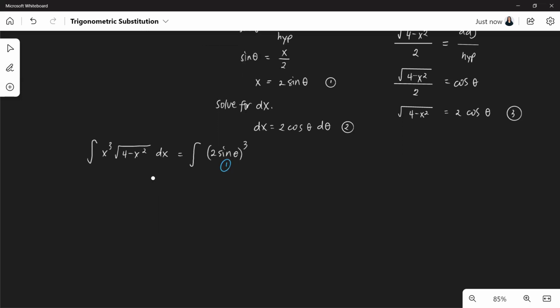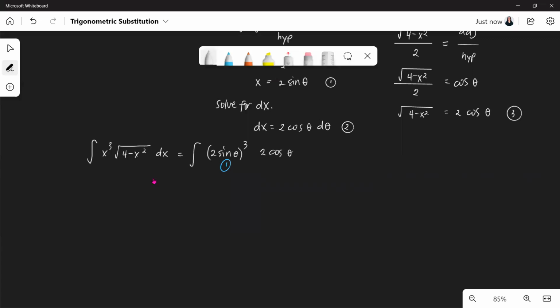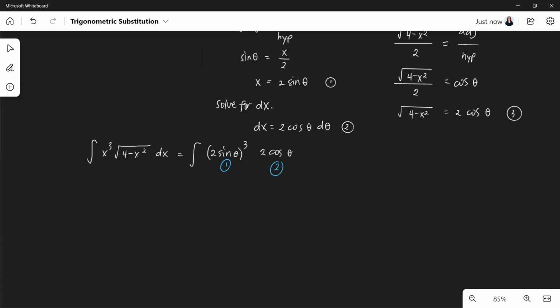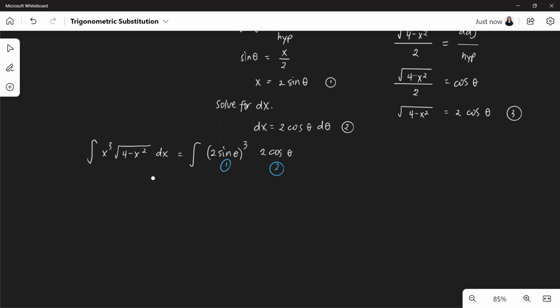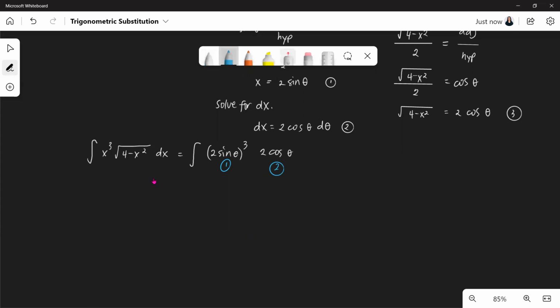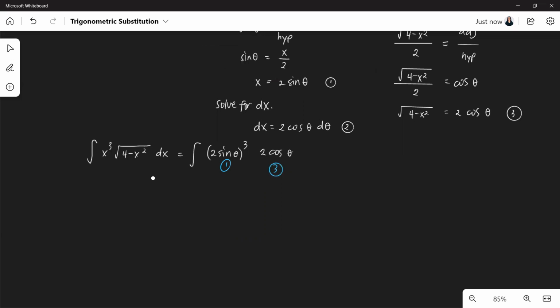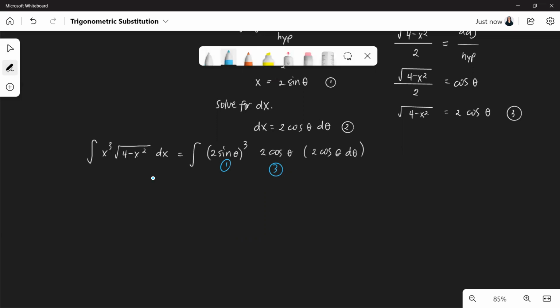And then from equation 2, we have 2 cosine theta for the square root of 4 minus x squared. And from equation 3, we have dx, so we have 2 cosine theta d theta.